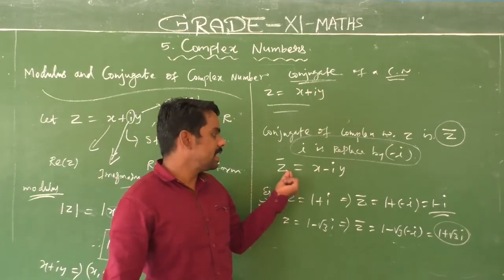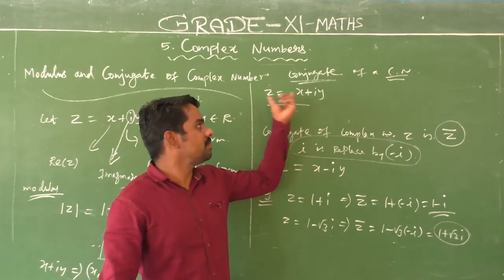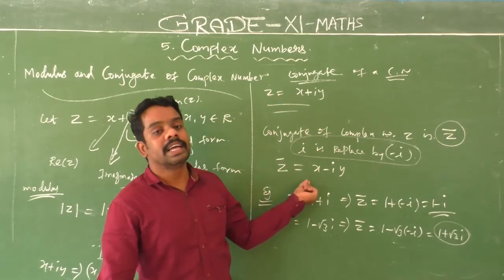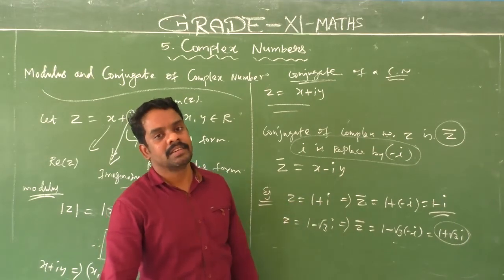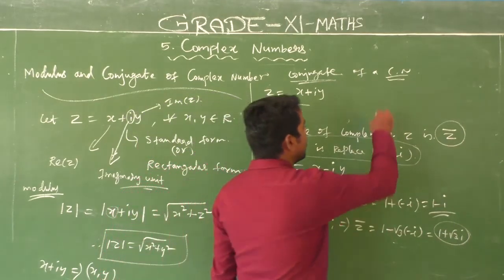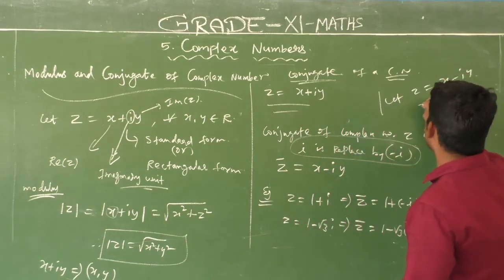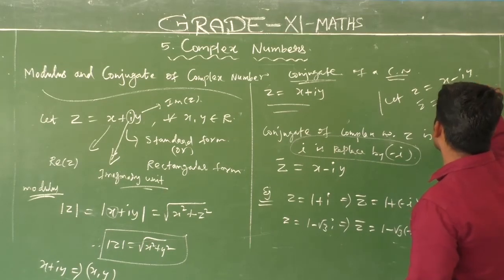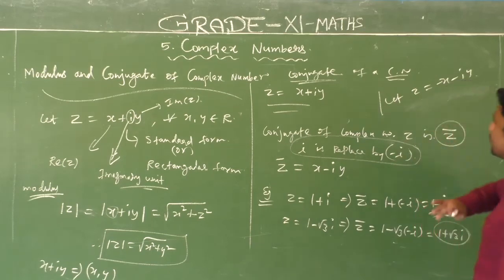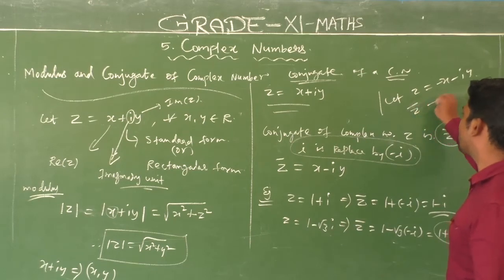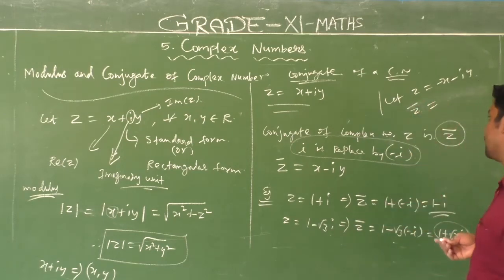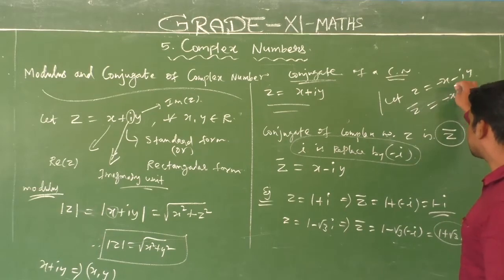So z equal to x plus iy, then the conjugate of this complex number, z bar, is x minus iy. Suppose z equal to x minus iy, then z bar is x plus iy. Suppose z is equal to minus x minus iy. Then what is the value of z bar? The real part is not changed, same minus x.